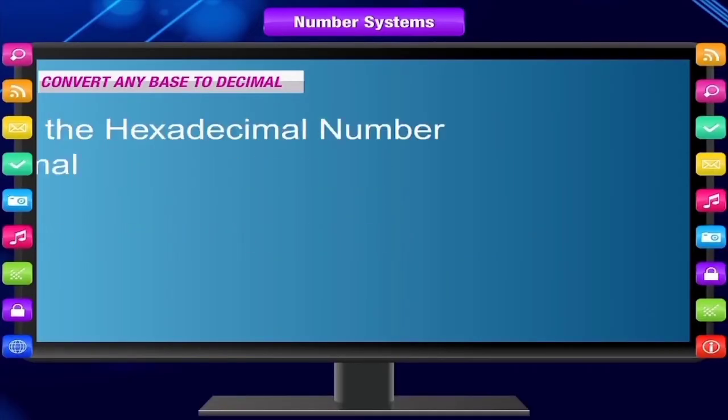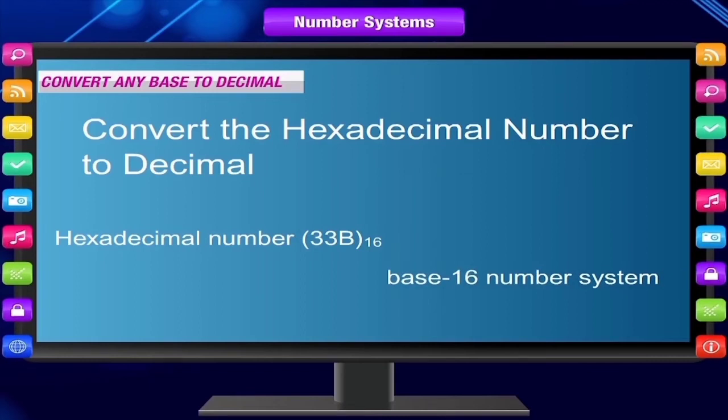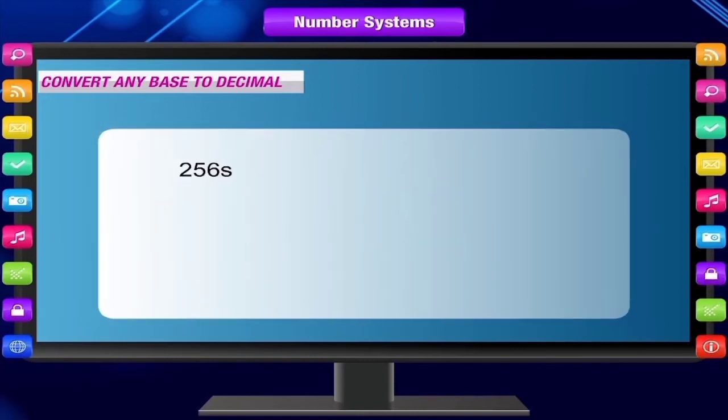Now its conversion to a decimal number. Here is a number. To convert it to the decimal number, firstly we will start from the right hand side with increasing power of 16. I repeat, from the right hand side with increasing power of 16.